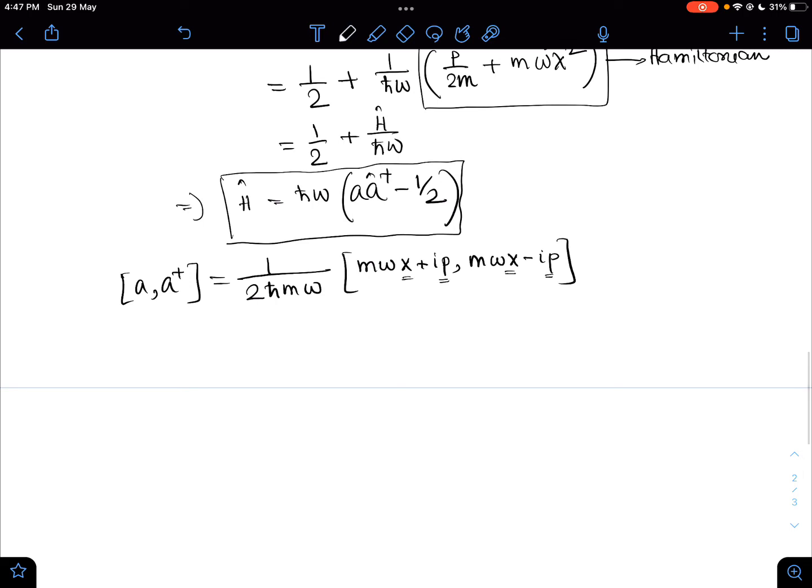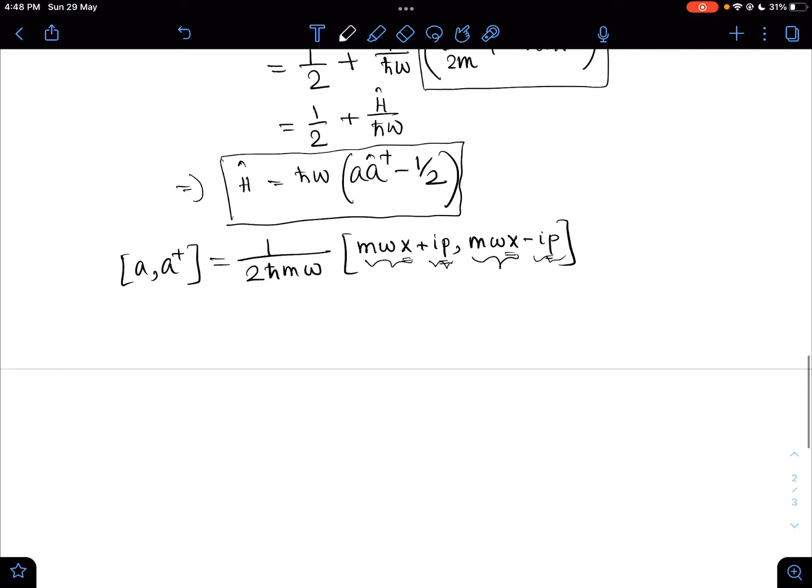So we have terms of this commutation with this and this commutation with this. So let us proceed. We have 1 over 2 h cut m omega, and we have m omega here. So what will be the commutation of this and this? We will have x minus ip.